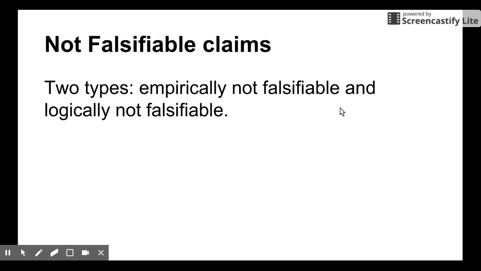They don't provide any empirical prediction on facts. So we try to avoid this type of claim. Generally, there are two types of not falsifiable claims: empirically not falsifiable, and logically not falsifiable.